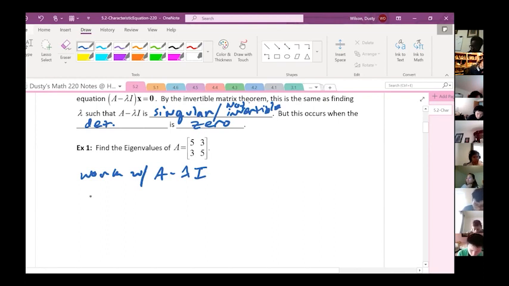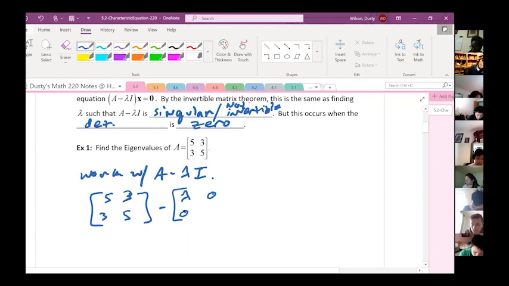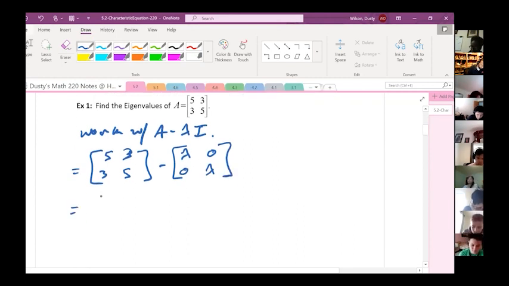So this would be [5, 3; 3, 5] minus I times lambda, which would be [lambda, 0; 0, lambda]. Or in other words, [5 minus lambda, 3; 3, 5 minus lambda].